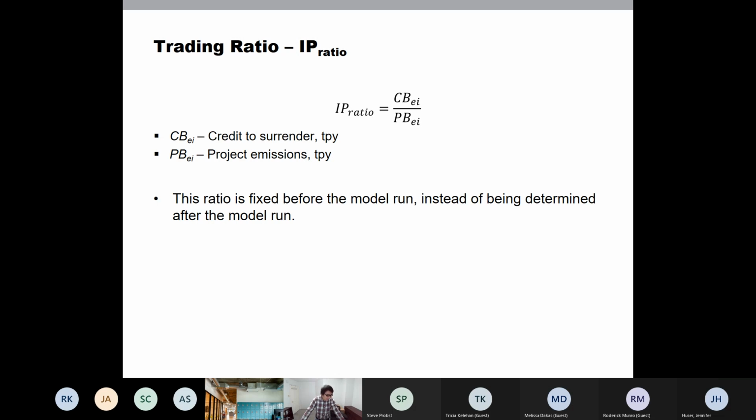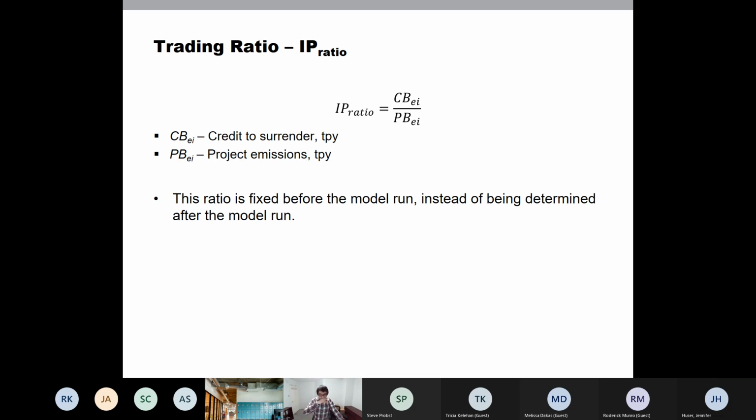We had some misunderstanding during some projects where we ran the model once, and the client asked, can I surrender less credit? Because they look at the equations, where the requirement is greater than or equal to zero, and clients naturally want to save as much cost and surrender as few credits as they can.